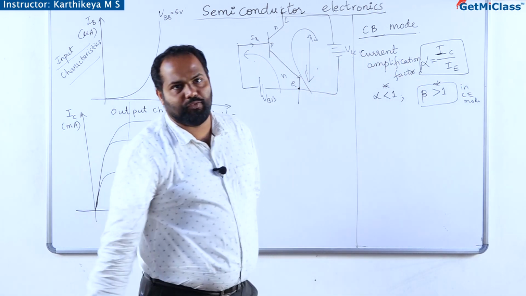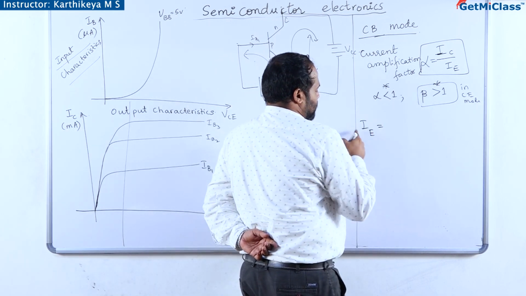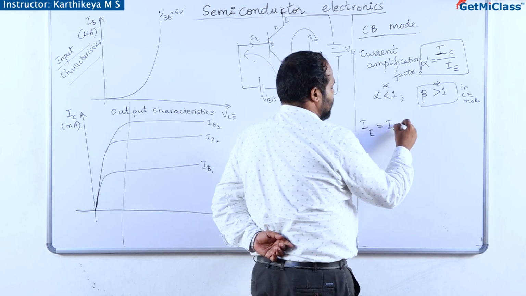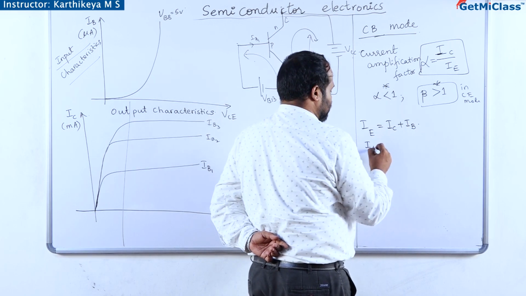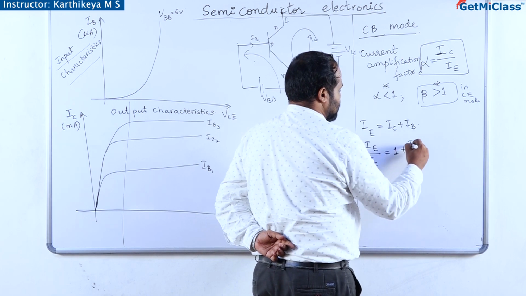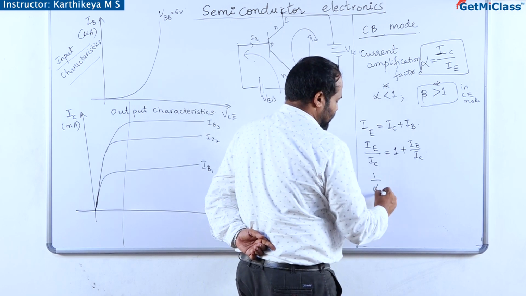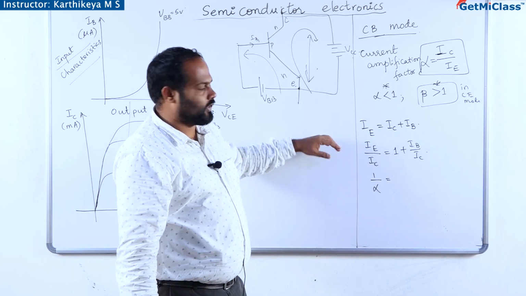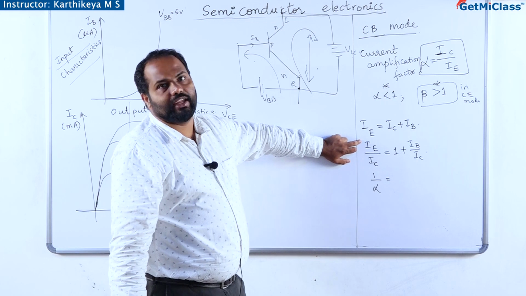The relation between alpha and beta can be easily derived. If we apply the principle of conservation of charges, IE is equal to IC plus IB. You divide this by IC throughout the equation, then it will be 1 plus IB by IC. So, this is 1 by alpha. In CB mode, since the base is common to both input and output, the output current is the collector current and the input current is the emitter current.